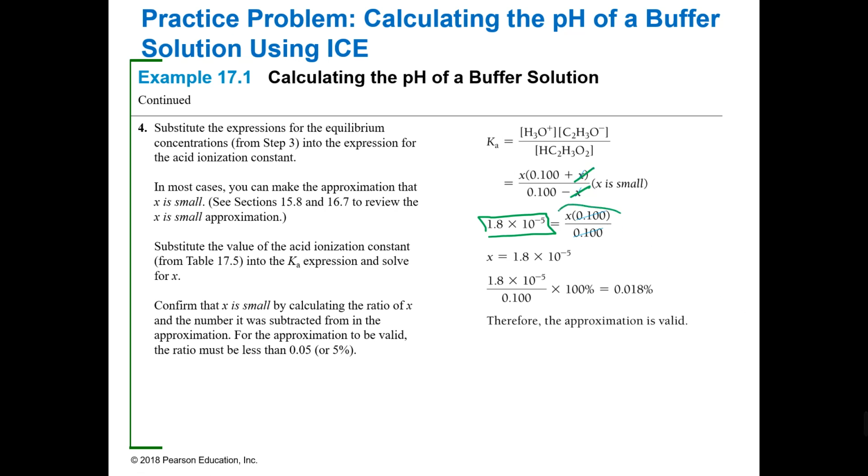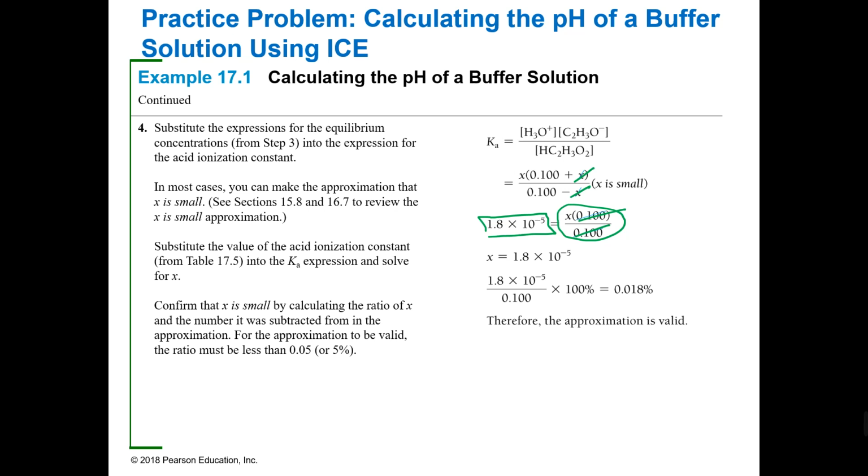So now all we're left with is X times 0.1 divided by 0.1. This 0.1 divided by 0.1 cancels out. So what we can say is that the change, X, is equal to the Ka when the concentrations of the weak acid and conjugate base are equal.